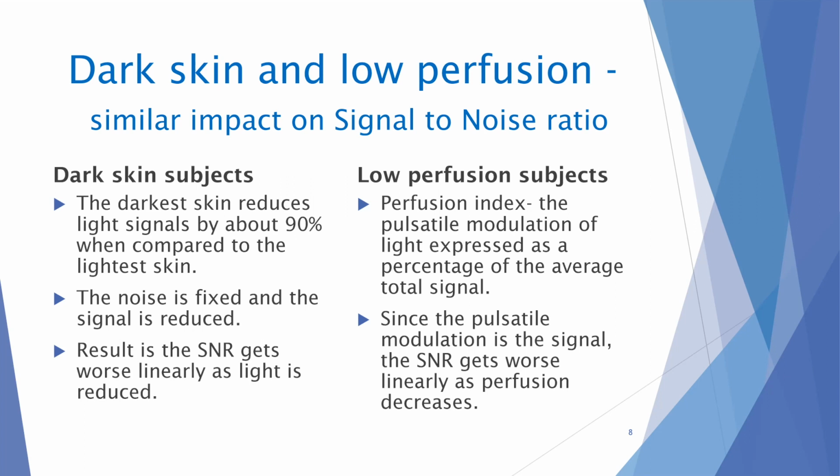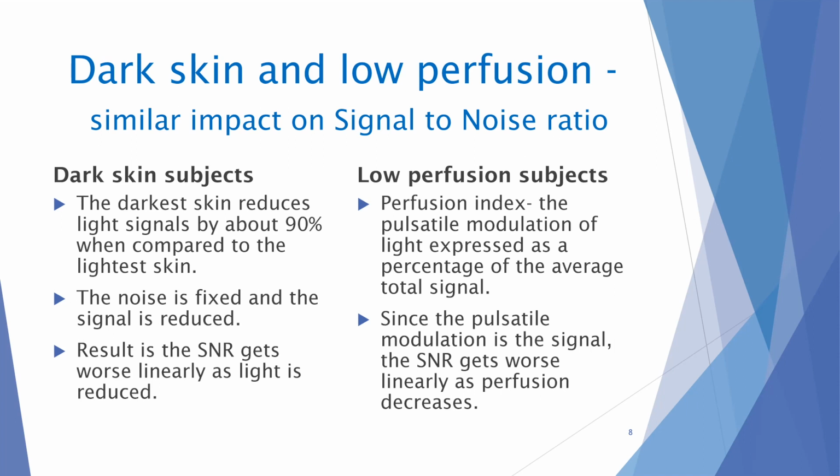And so a dark-skinned subject, regardless of whatever else is going on, is going to have a worse signal to noise ratio because they have less light. So the whole signal gets smaller, so the signal to noise ratio gets worse, and it gets harder to separate out the real data from that noisy waveform that I just showed.